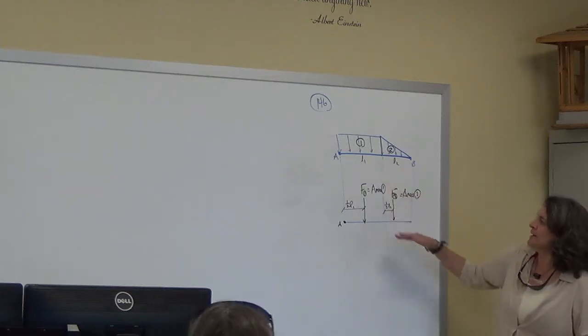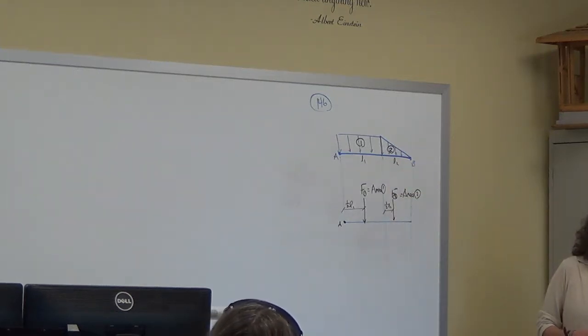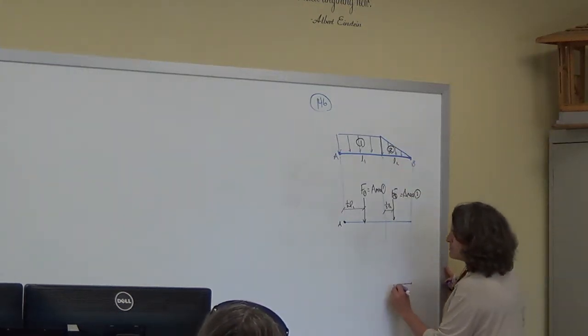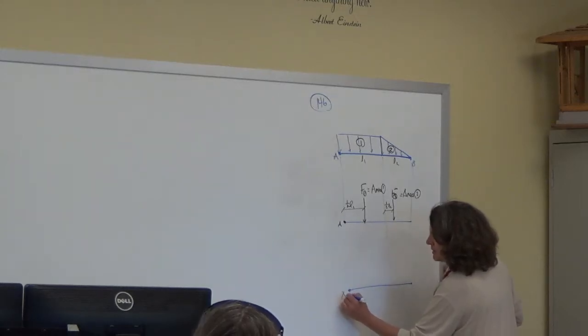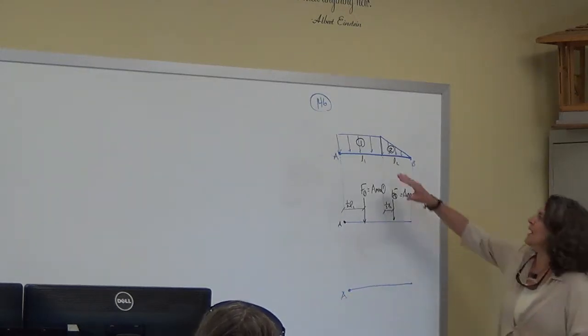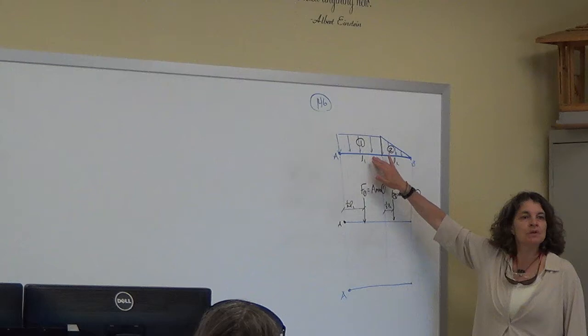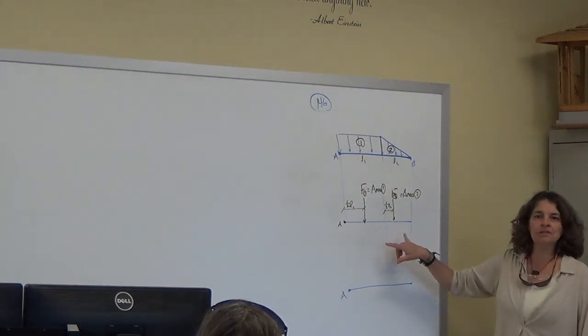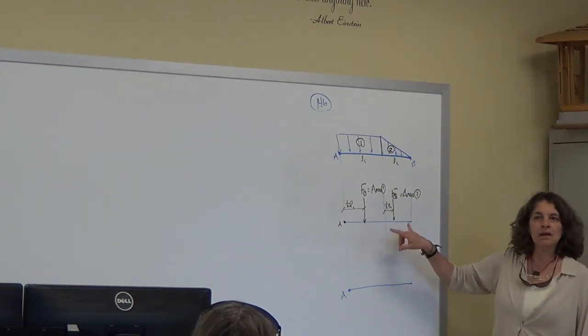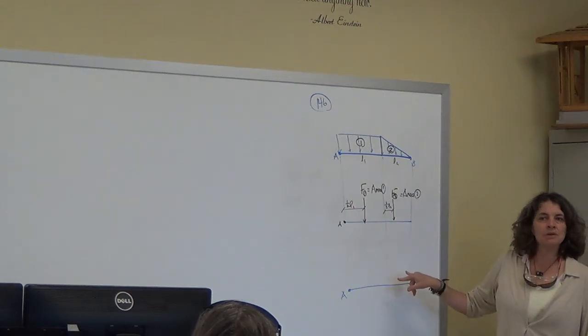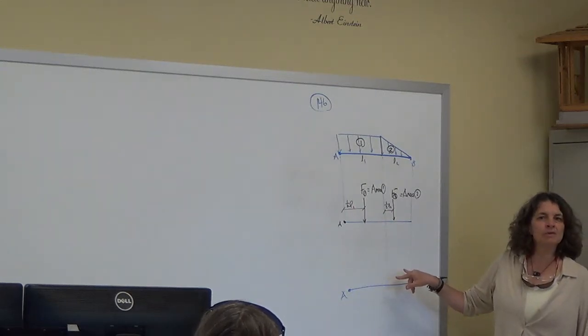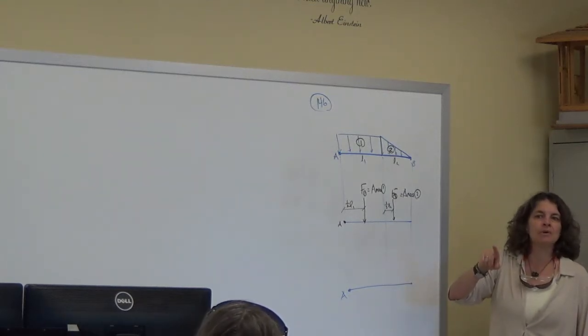Can I simplify this problem even more? I started out with 2 distributed loads. I converted it to 2 forces. Could I convert it to 1 force? What kind of problem is that? Equivalent system, which type?